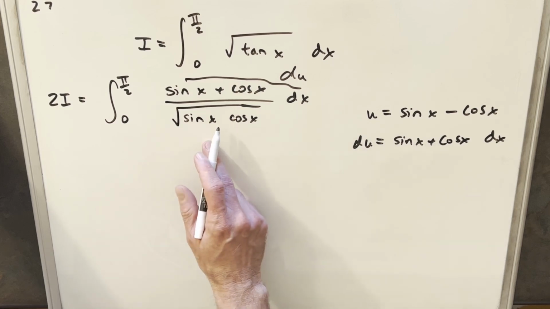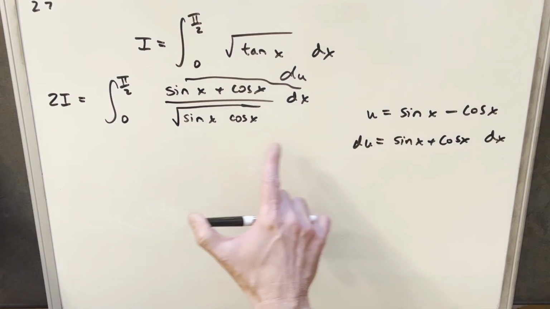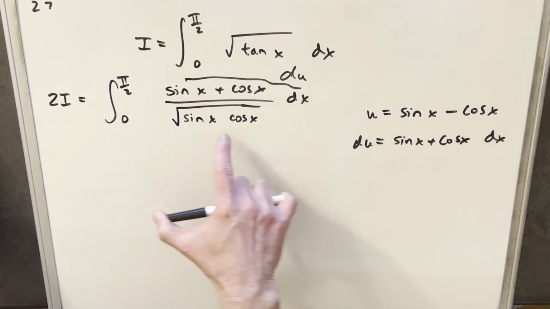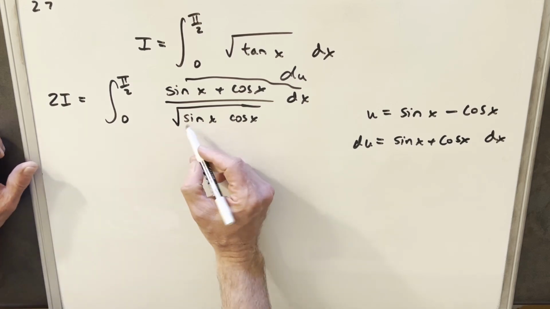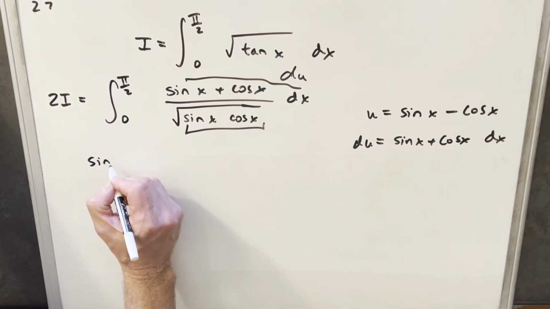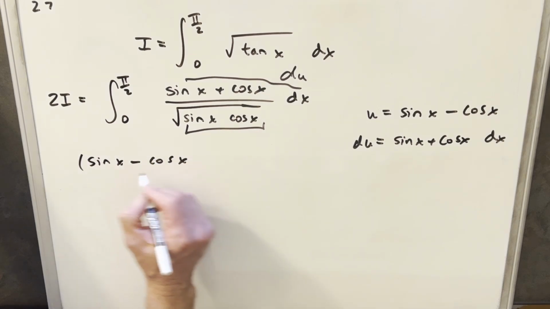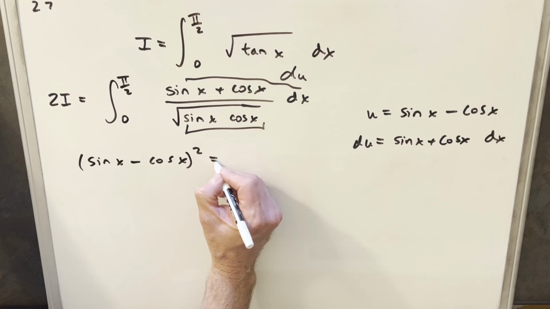Now the only problem is we don't have this sine x minus cosine x anywhere in the denominator. So what I want to do is create this. I want to see if I can create a sine x minus cosine x somehow out of this piece right here. Let's look at how this is going to work. I'm going to take my sine x minus cosine x, which is just our u, and we'll square that and multiply it out.